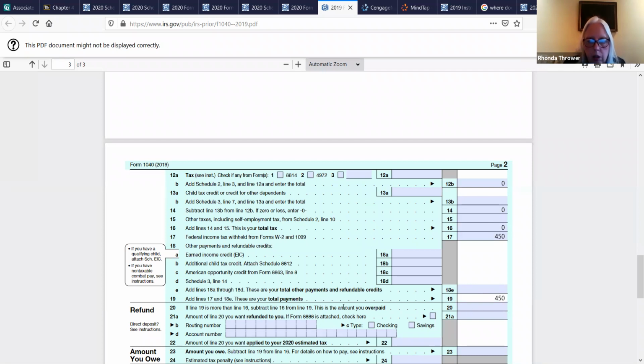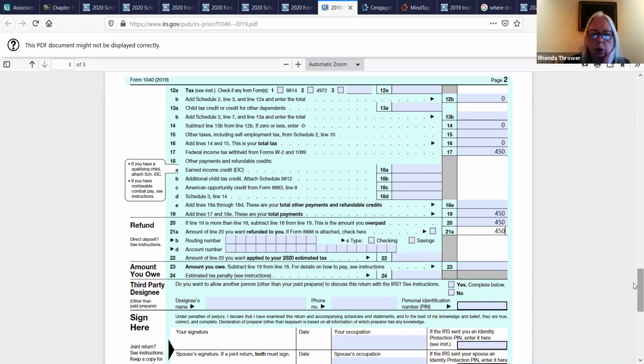And then if line 19 is more than line 16, which it is, this is the amount you overpaid. So you're going to get a refund, and that refund is $450. And that's the amount that you would want refunded to you. So that's your 1040 form that would be completed.